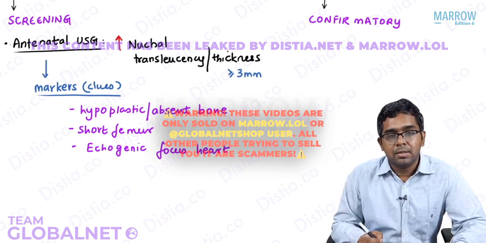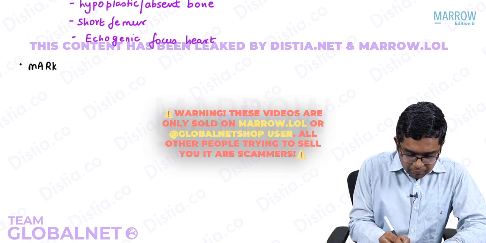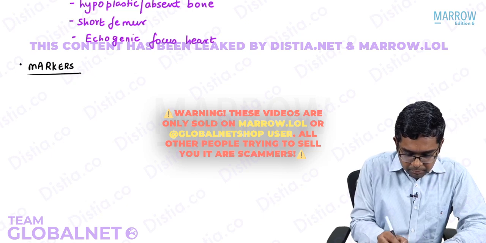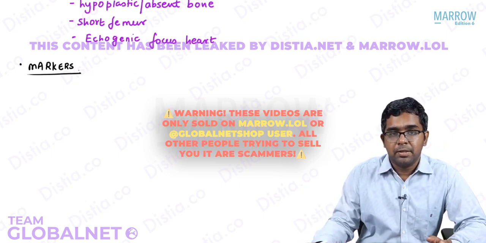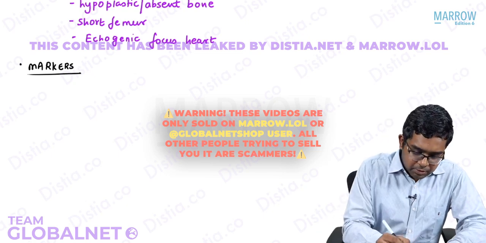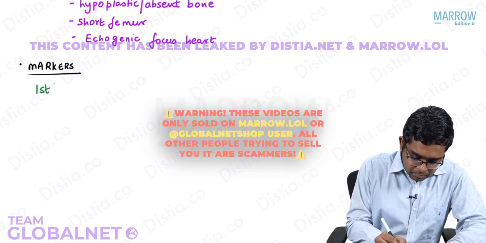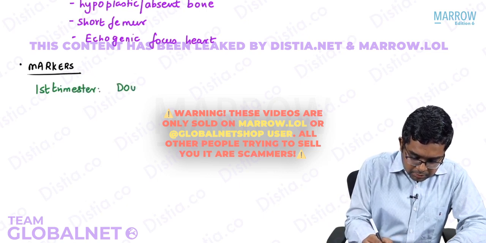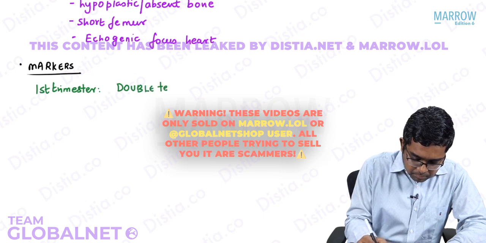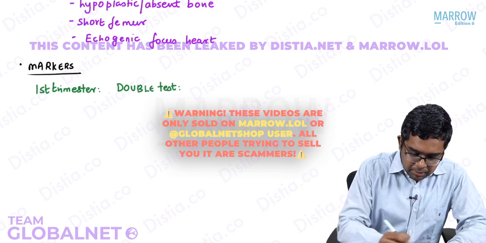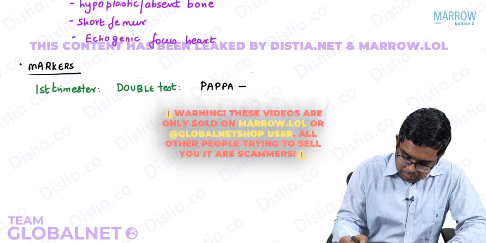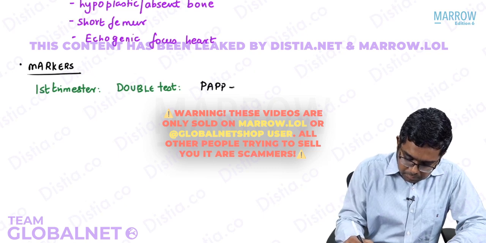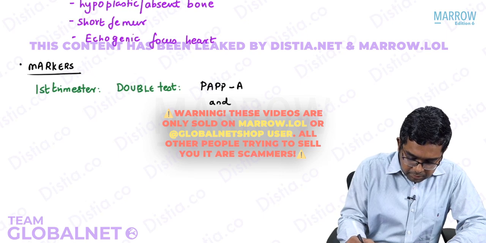Second is based on the markers which we can obtain from the maternal blood. There is a different set of markers according to each trimester of pregnancy. In the first trimester, what we use is something called a double test, which combines PAP-A and beta HCG.